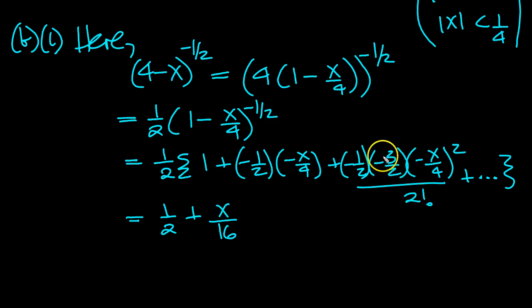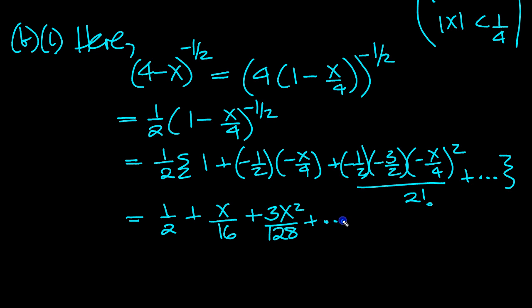Here we've got 3 on top with 3 minuses. 1, 2, 3, 4 minuses, so it's a plus again. It's an x squared. There's a 3 on top. Okay, 2, 4, 8, 8, and this is 4 squared. So I'll do it the other way around. 16, 32, 64, 128.